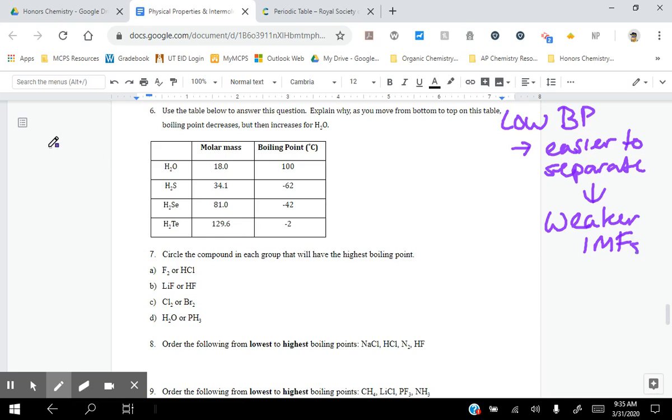So if we look at the compounds here, they all have the same general structure. They're all bent molecules. They're all in the same group. They all have the same valence electrons. So in terms of, should be an S, I'm sorry. In terms of their structure, they're all going to look the same.